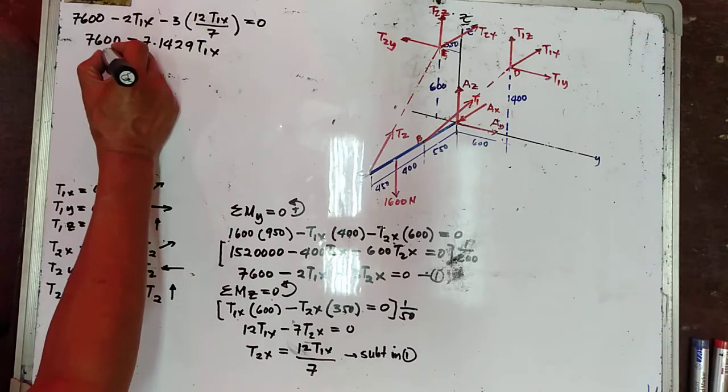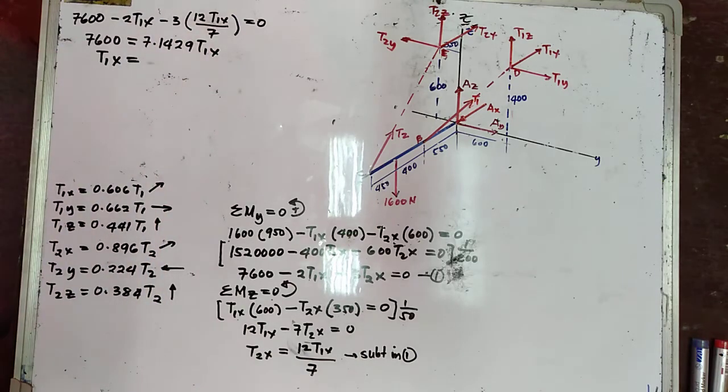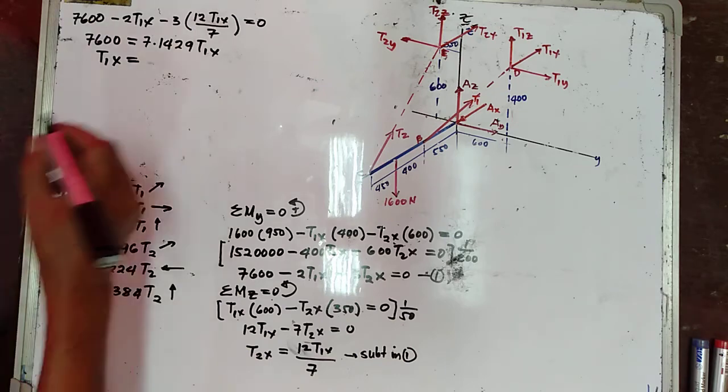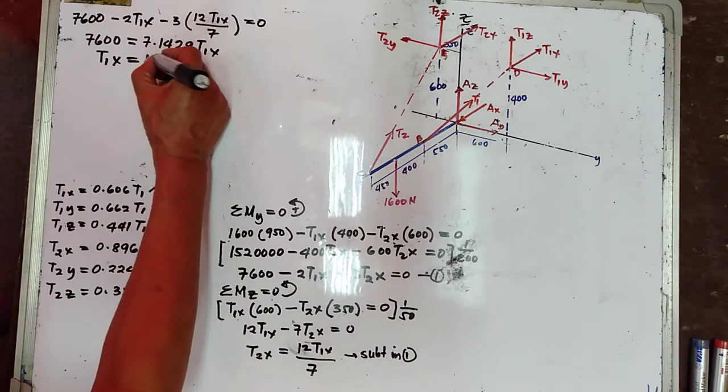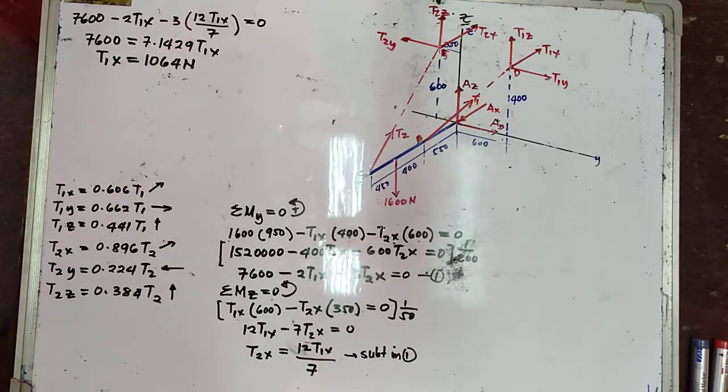So your T1X is now equal to 7600 over 7.1429, so that is equal to 1064 newtons.